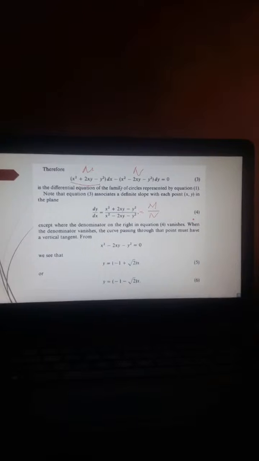which is equal to m over n. So, except where the derivative on the right in equation 4 vanishes, when the derivative vanishes, the curve passing through the point must have a vertical tangent.